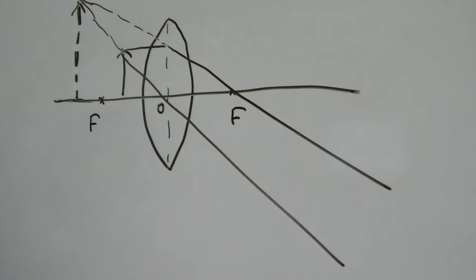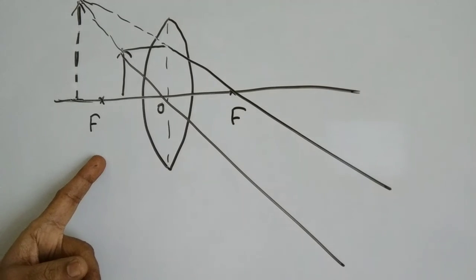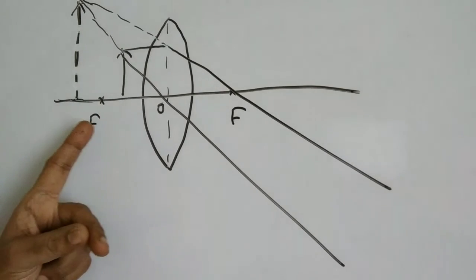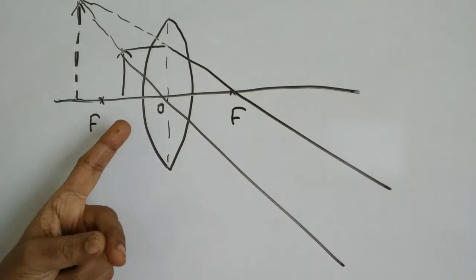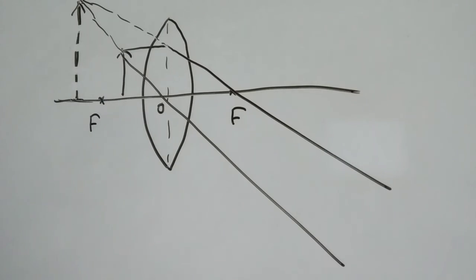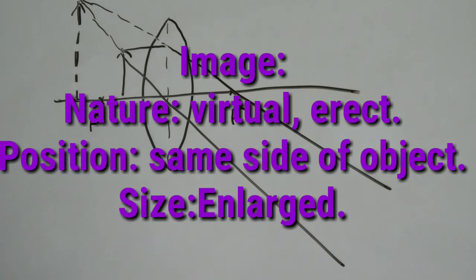We made them to intersect, and that is why we are getting a virtual erect image. This is the case when the object is placed between F and O, optical center. The size of the image is enlarged. Nature is virtual erect, formed on the same side of the object. This principle is used in the construction of magnifying glasses.